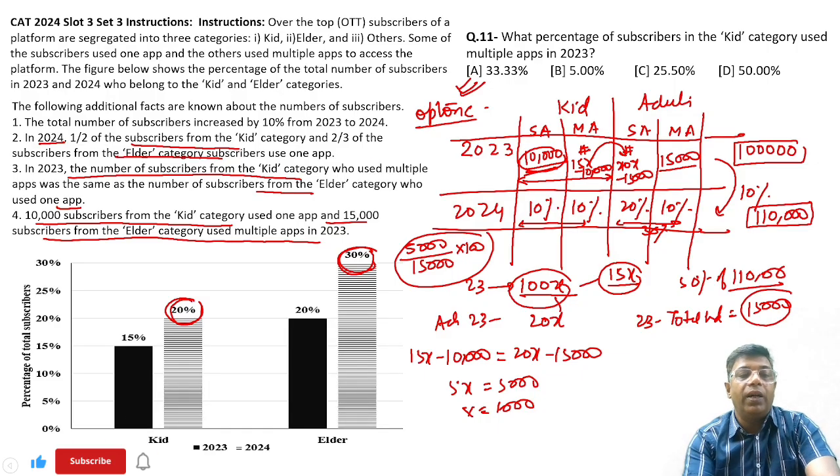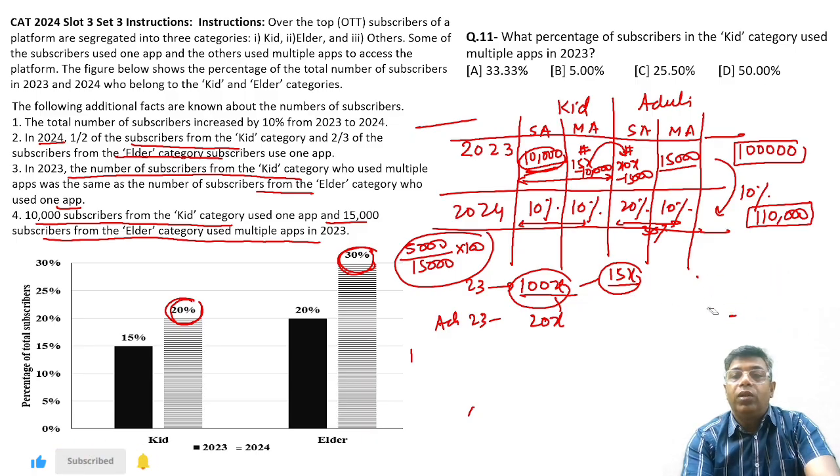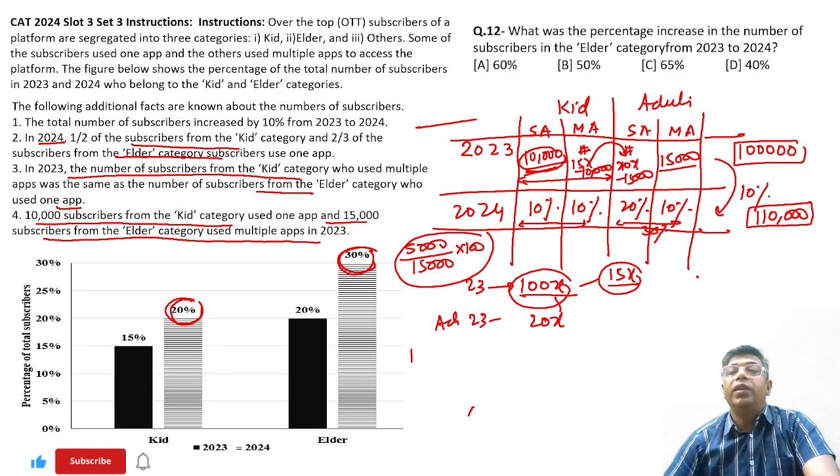Let's erase some part and then we can proceed to the next question of this particular set. What was the percentage increase in the number of subscribers in the elder category?